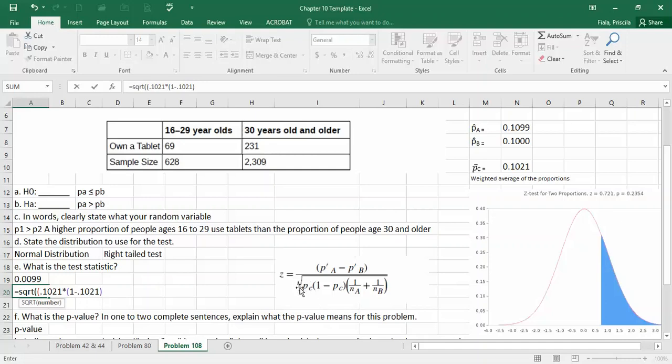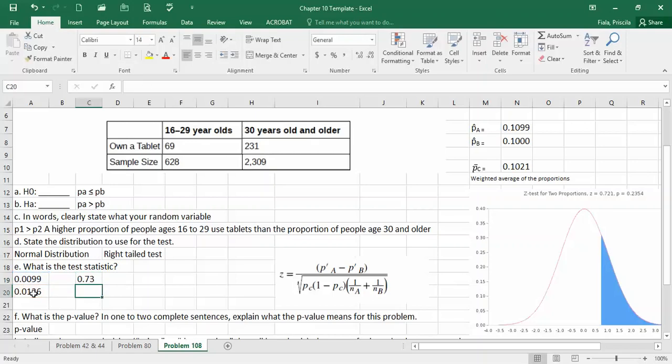I'm just following this: pooled proportion times 1 minus my pooled proportion times 1 divided by my sample size A, plus 1 divided by my sample size B. And I really want to know until I do this value, which is the top portion divided by the bottom portion. And I just hope it's right. And that's exactly what I was expecting.